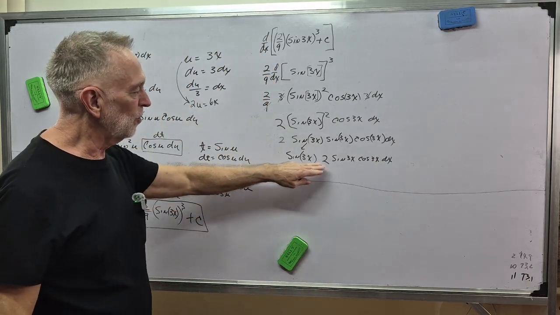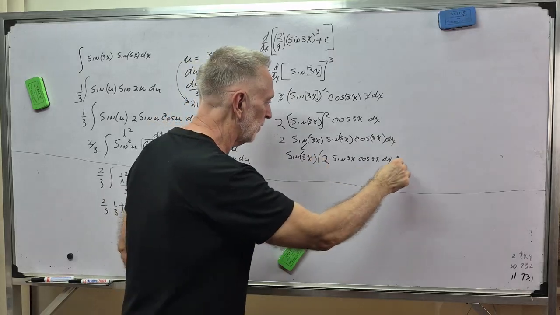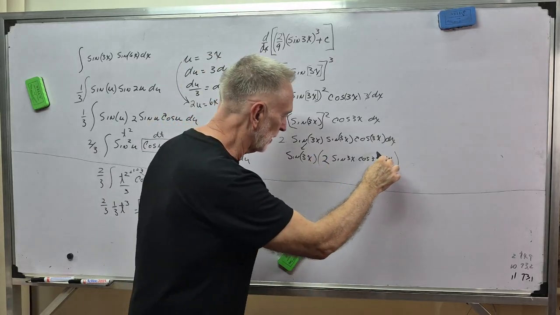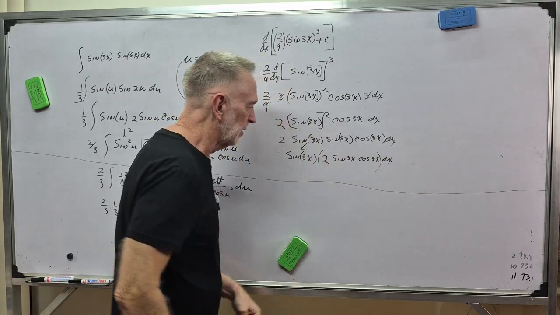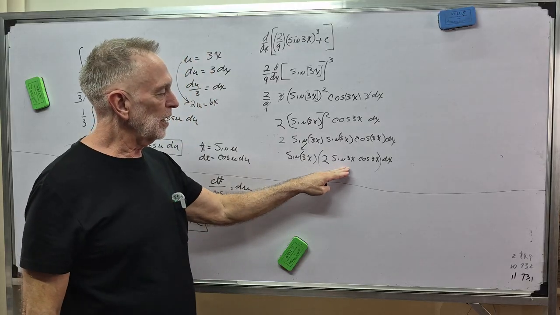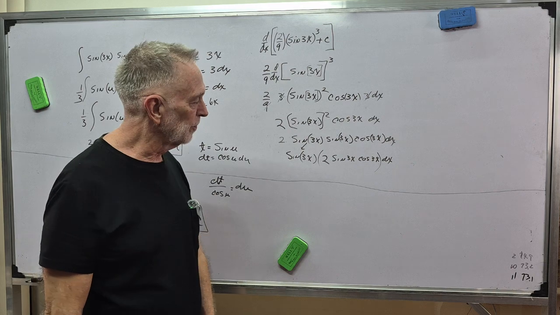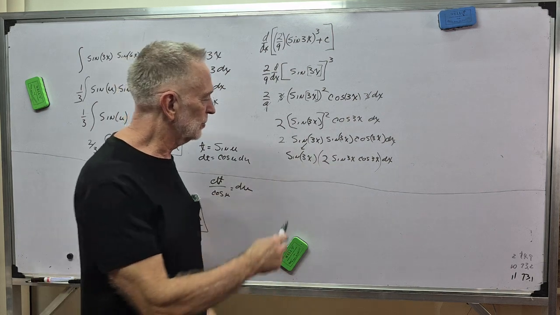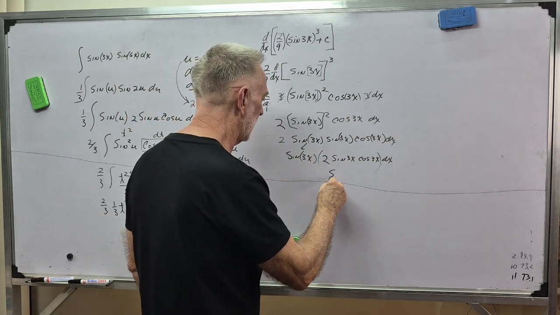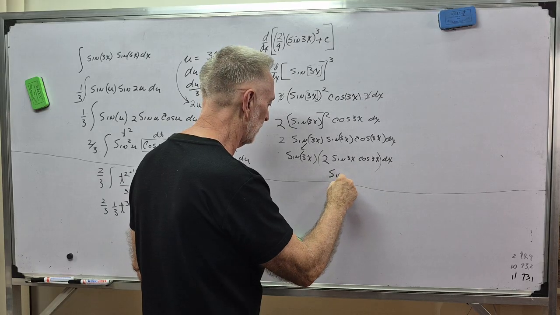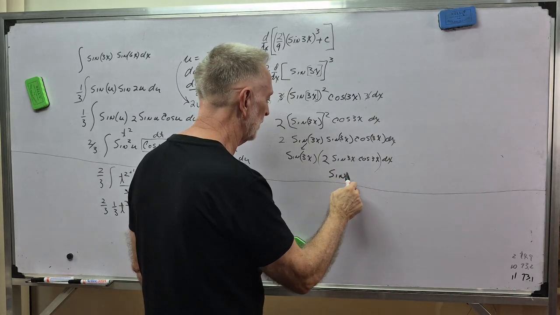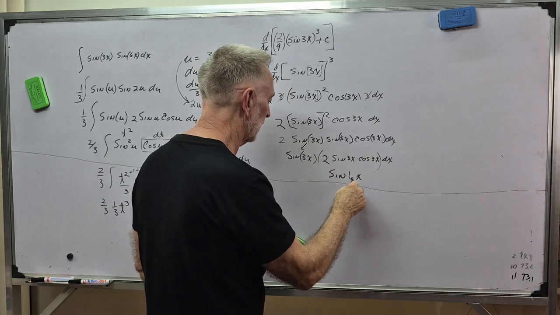Now, this one here, if I have 2 times sine of some angle, cosine of the same angle, that is the definition of sine of twice the angle. So twice 3x is what? 6x.